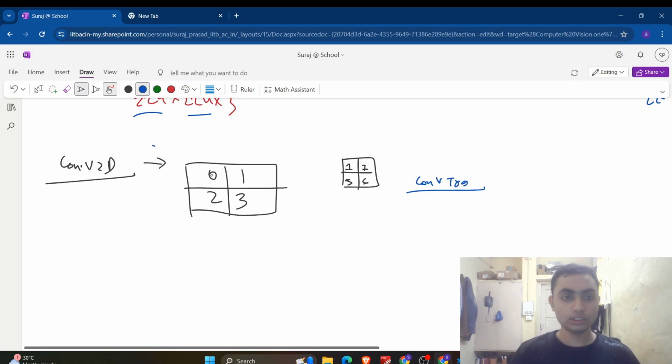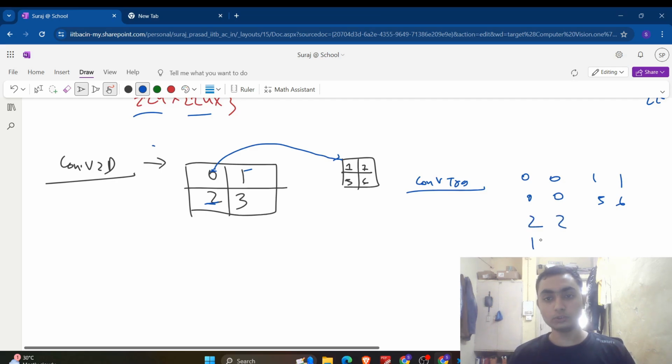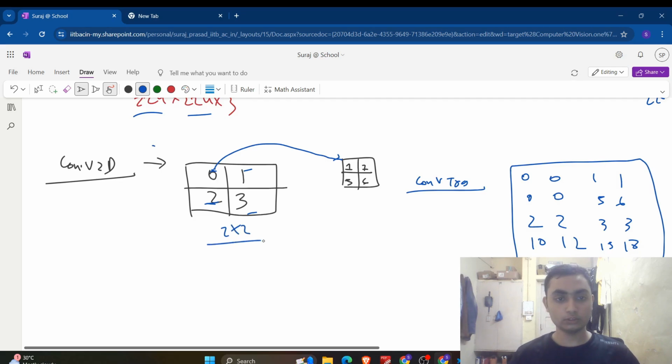You element-wise multiply each input pixel value with all of the kernel values. 0 gives 0 0 0 0, 1 gives 1 1 5 6, 2 gives 2 2 10 12, and 3 gives 3 3 15 18. You had an input of size 2 by 2, and you get an output of 4 by 4. This is what convolution transpose does, nothing big else.